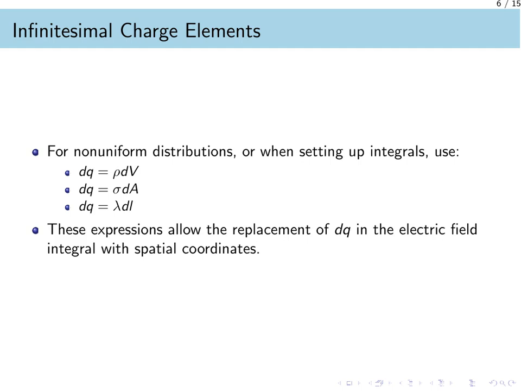Depending on the physical geometry of the problem, dq is equal to the volume charge density times the differential volume dV, the surface charge density times the differential area dA, or the linear charge density times the differential length dl. Making this substitution is a critical foundational step before performing the actual integration.